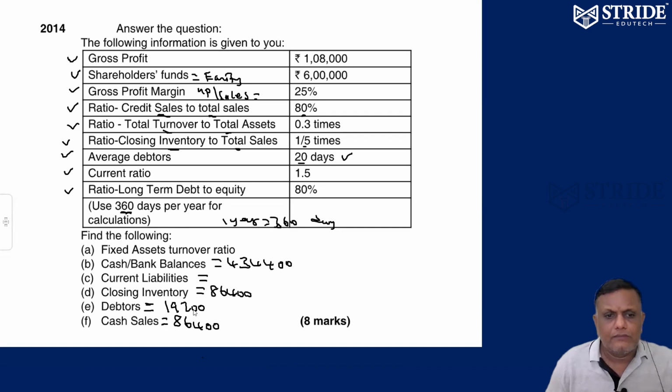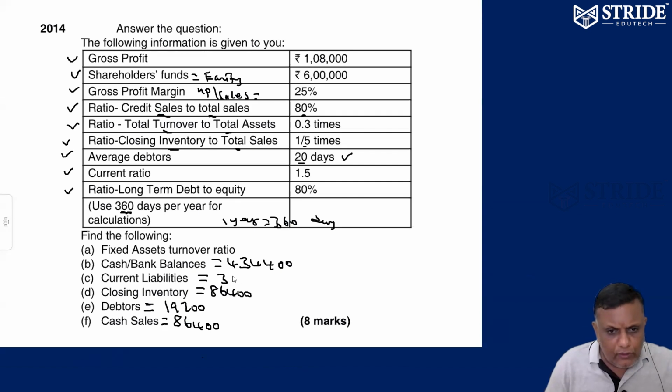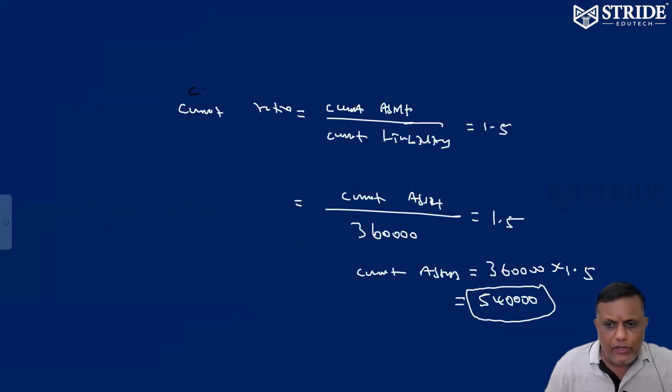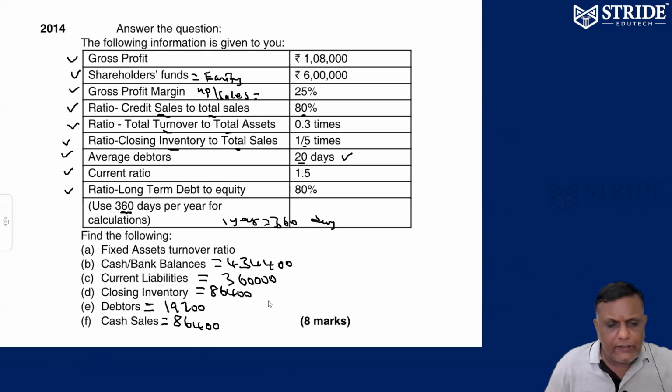Current liability is equal to 3,60,000. So 4,34,400 is cash in hand, 3,60,000 current liability, right?